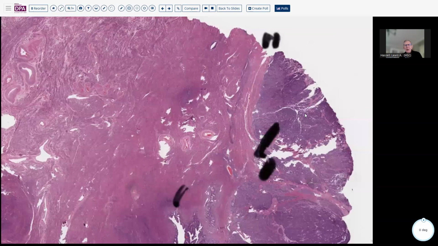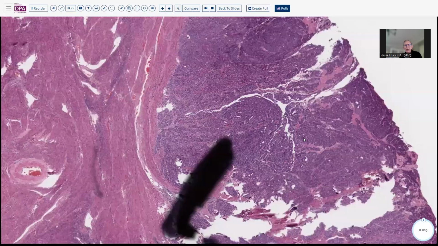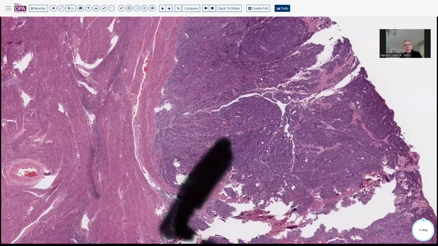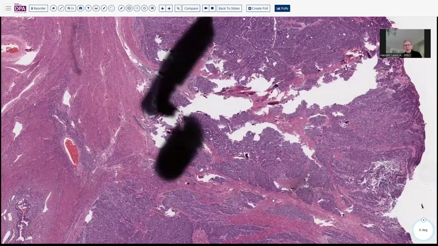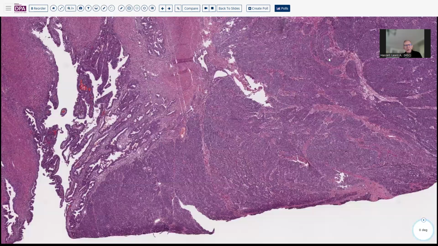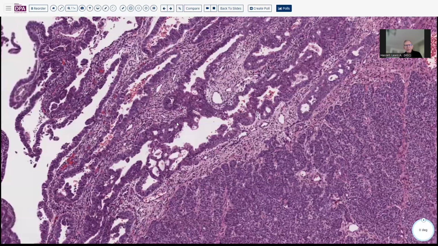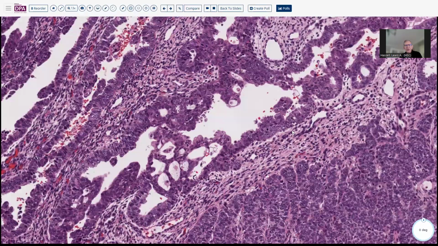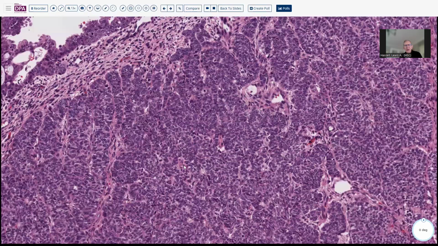Now, this is an example of a higher grade tumor. As you can see here, there's very little glandular growth. And so even at low magnification, I would say this is most likely going to be a grade 3 tumor. In grade 3 tumors, you need to be very cognizant of the potential for dedifferentiation. So looking for areas of low-grade tumors such as this might lead you to think about this as being dedifferentiation.